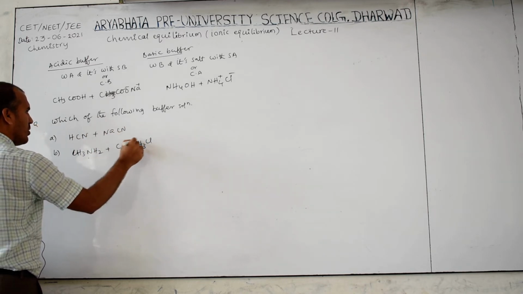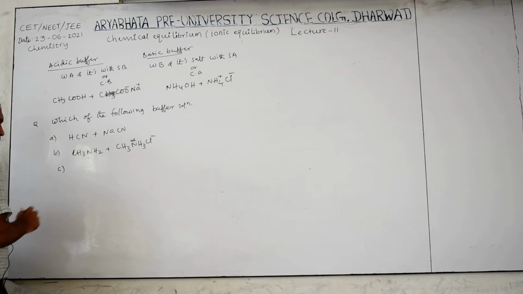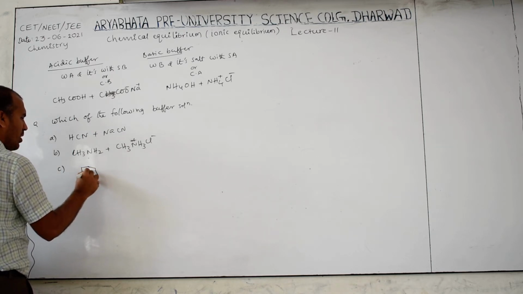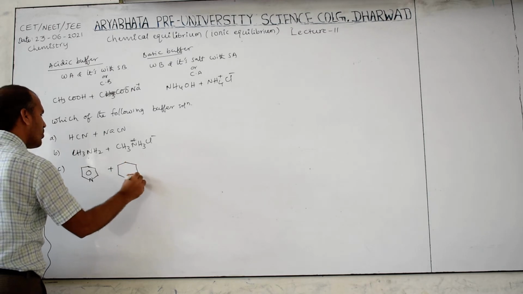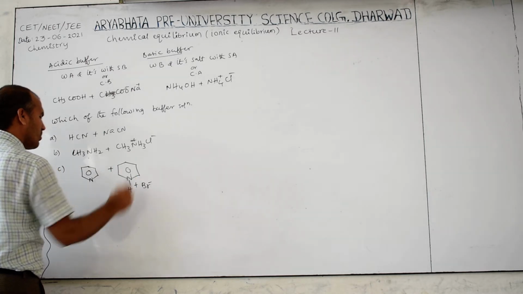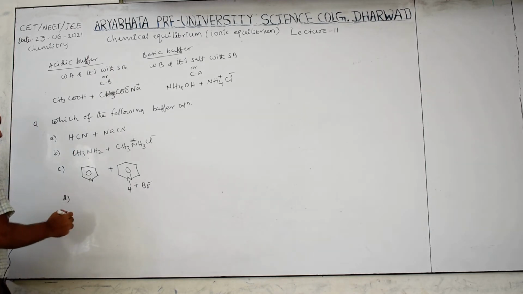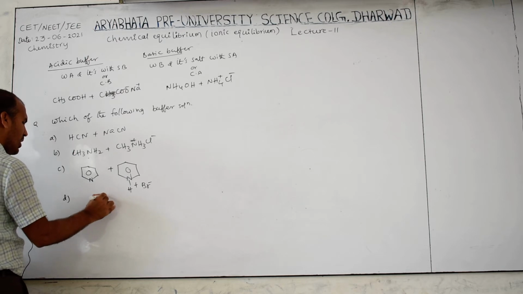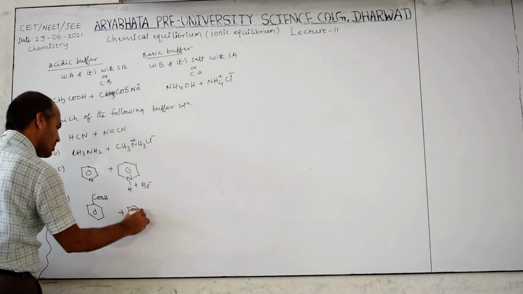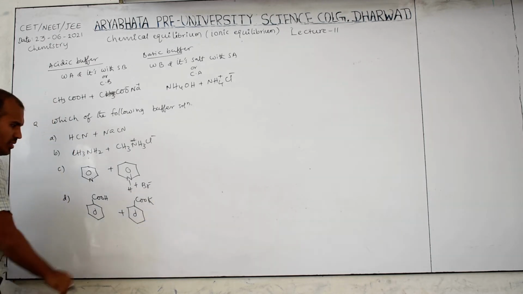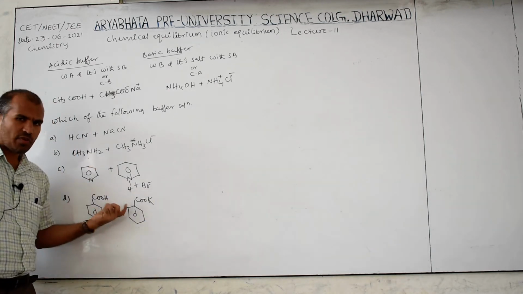Then option C is pyridine plus pyridinium bromide. D is benzoic acid plus CH3COO minus.